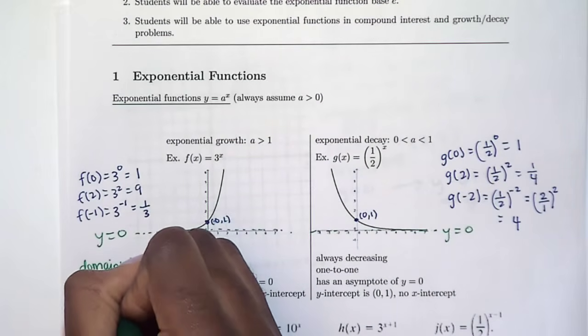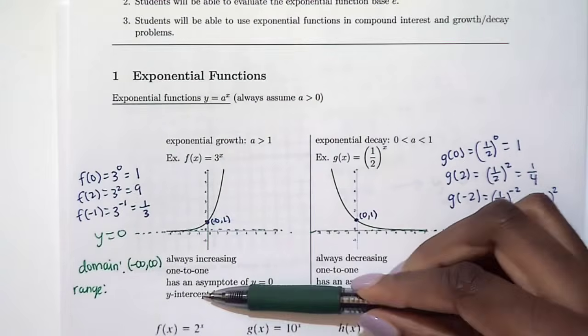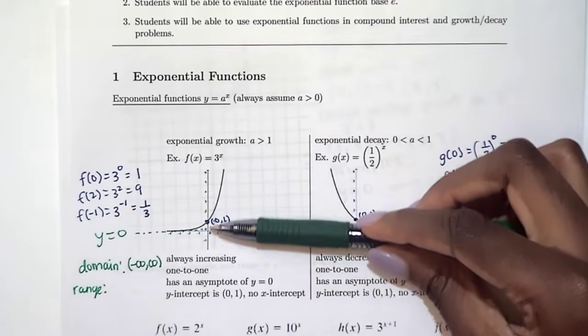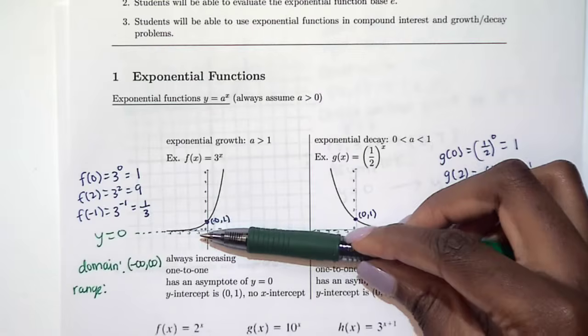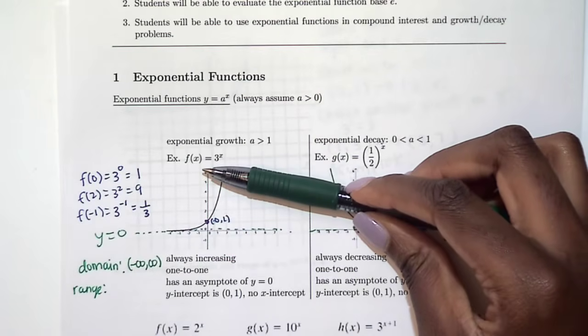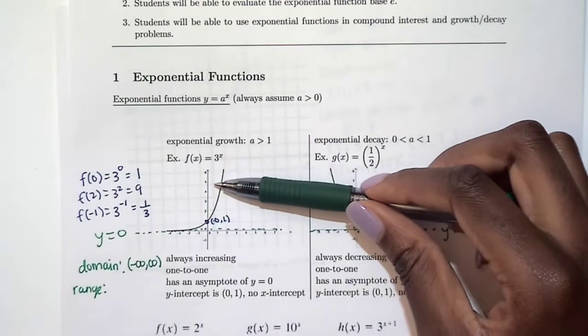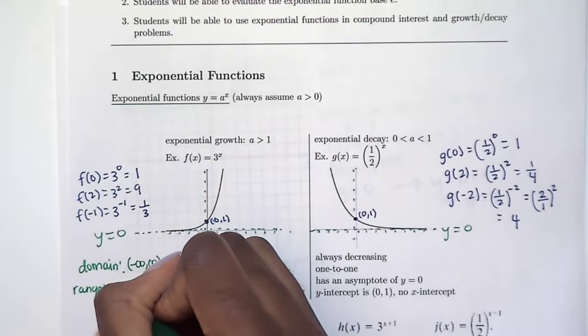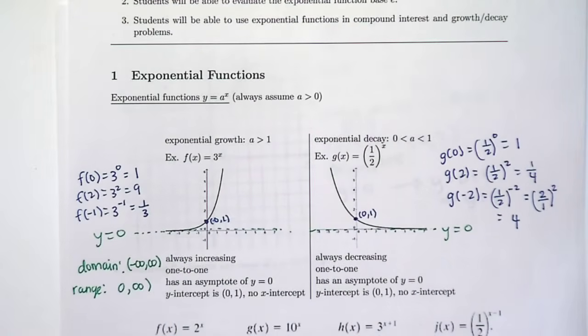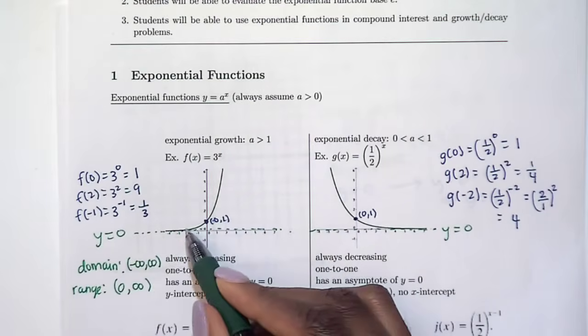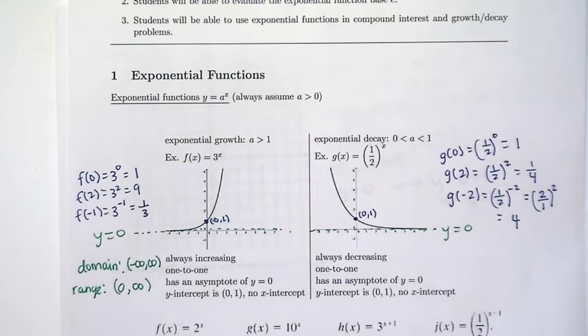What about the range of this function? What y values are possible here? 0 to infinity. Are we going to include 0 or not? We're not, because we have that asymptote here and our function is not going to cross it.